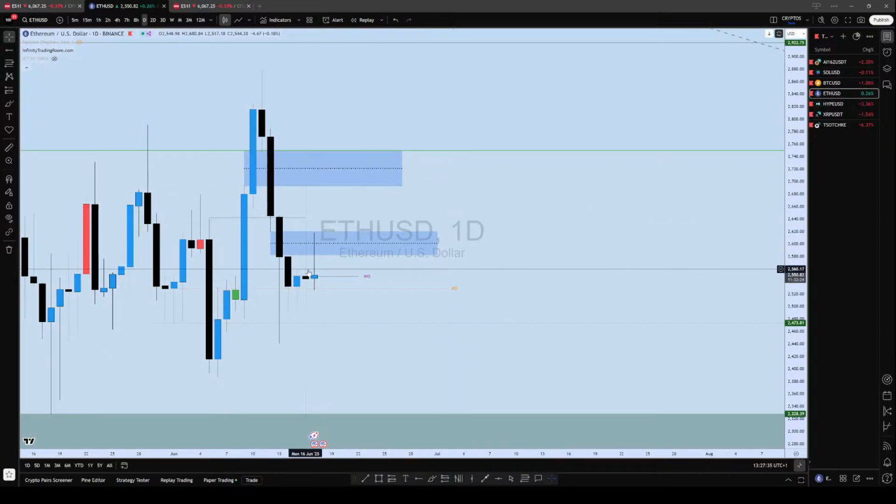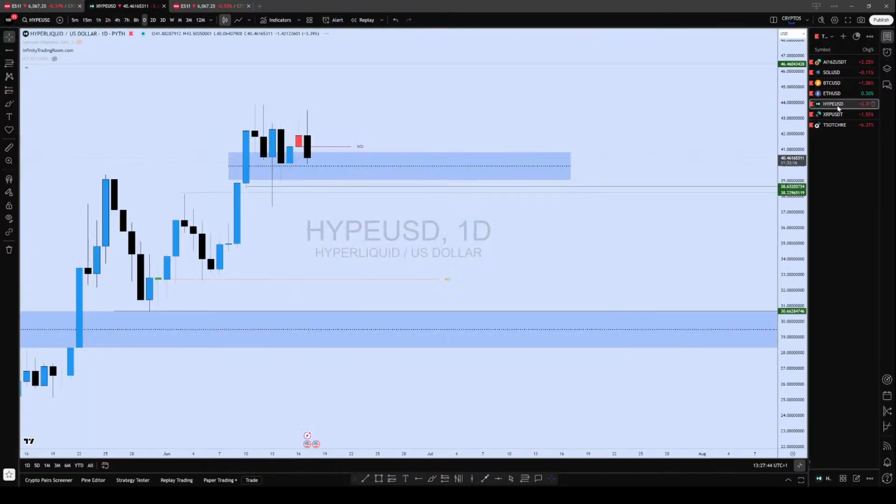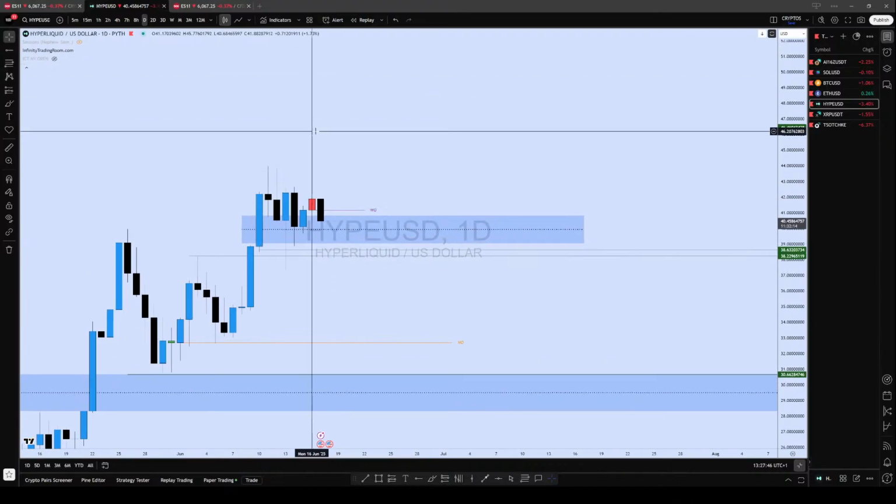Ethereum, same thing, no close, no show. So wait patiently for it. Hype almost got to 46, rejection, back down again. It's still early for the week, which is why price has come back below the previous week low.